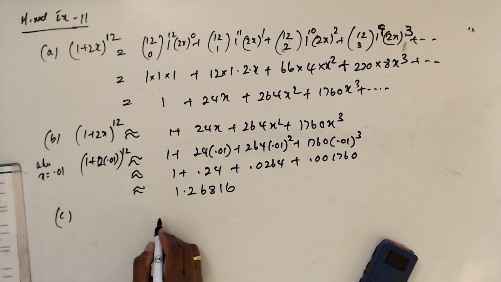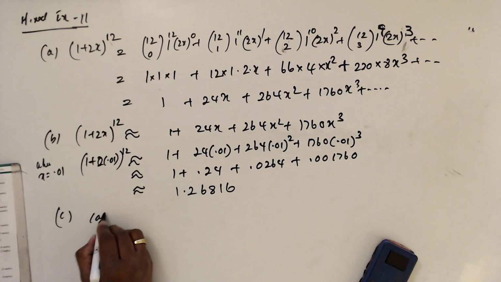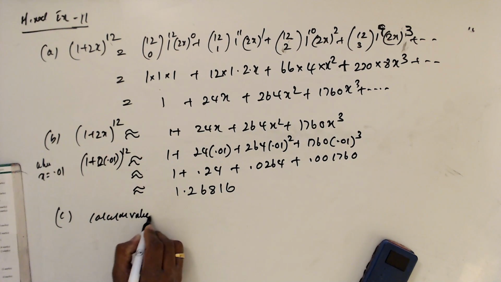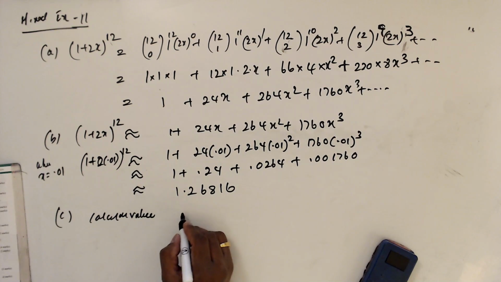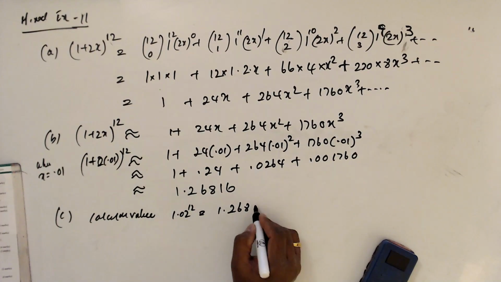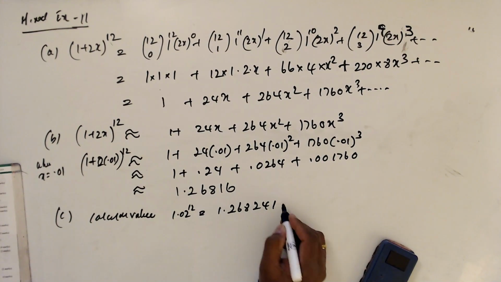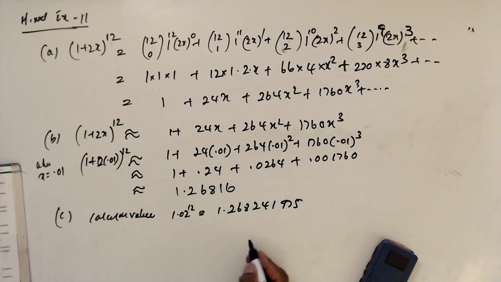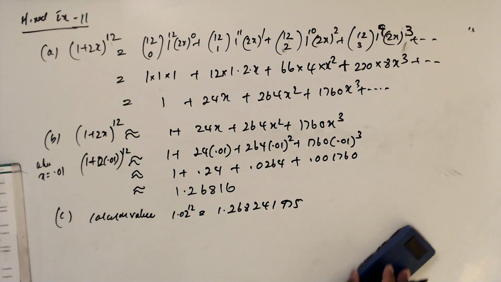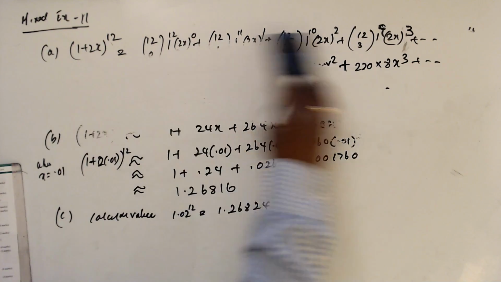Part C. So the calculator value of 1.02 to the power 12 is 1.268241975. Now part D, we need to find the error percentage.